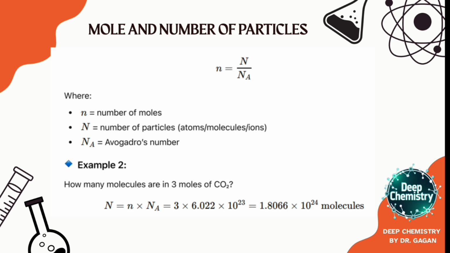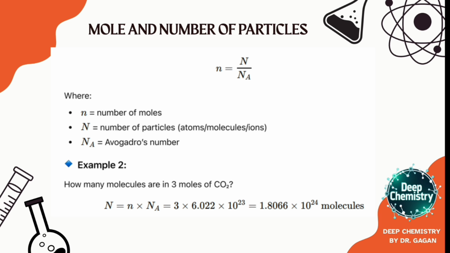Next, let's connect moles with number of particles directly. We use this formula where small n is moles, capital N is number of particles, and Na is Avogadro's number. Let's say we have 3 moles of carbon dioxide.